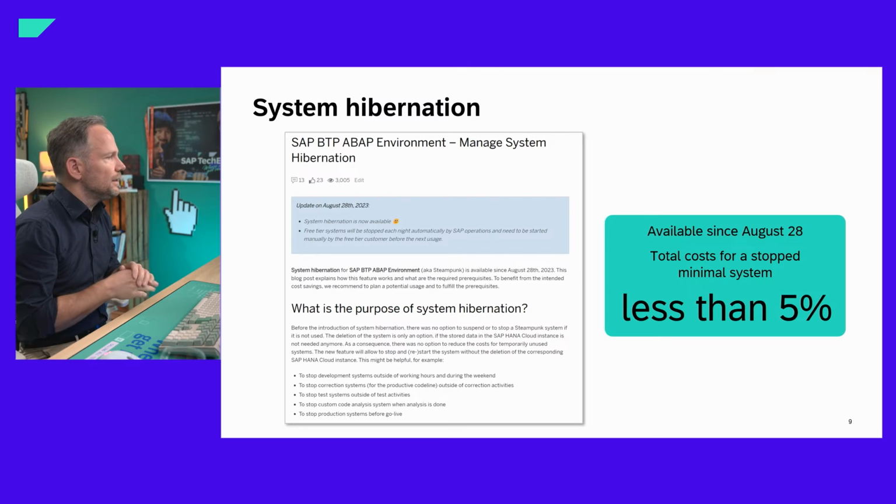So if I'm talking about licensing models, everything is around cost. I think that's clear. And with regard to costs, I have also good news, because we delivered at the end of August a new feature which is called System Hibernation. With System Hibernation, customers and partners can stop their systems if they are not needed.